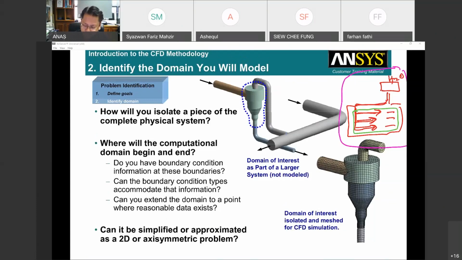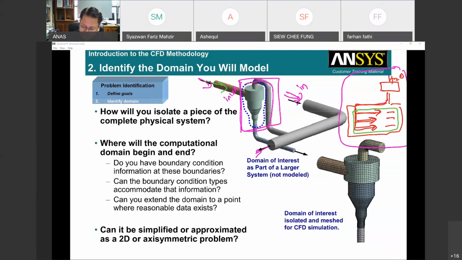For example, if you have a piping system like this, but your interest is only in this part, you do not need to draw all the other outlets or inlets or the piping system. Just focus on one part over here. If this is an inlet and this is another inlet, you should know the inlet value over here, because you need to impose the value.